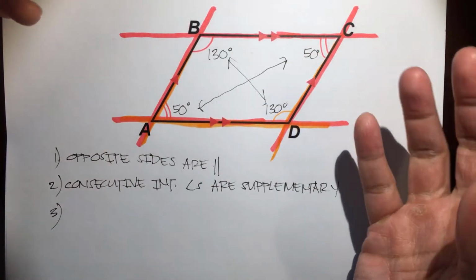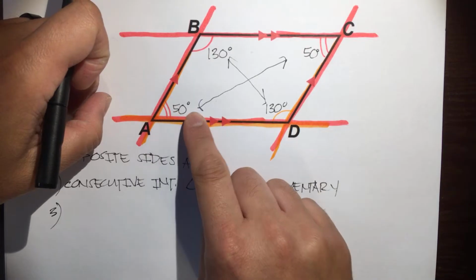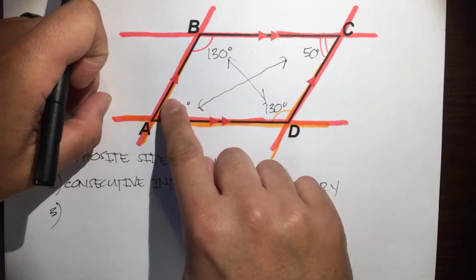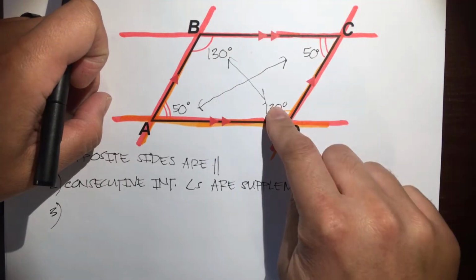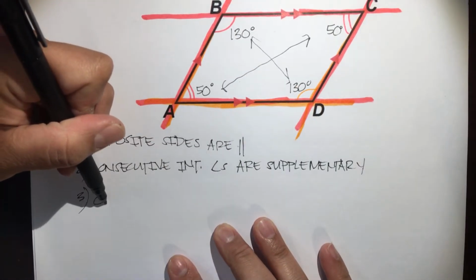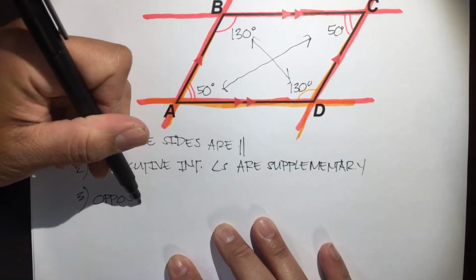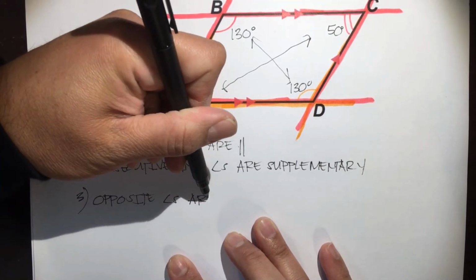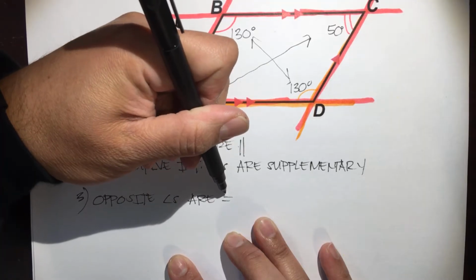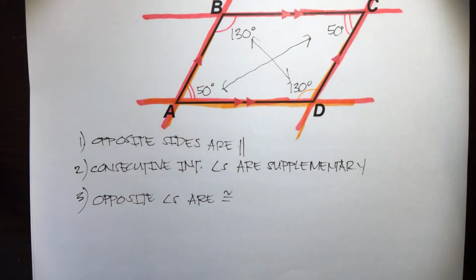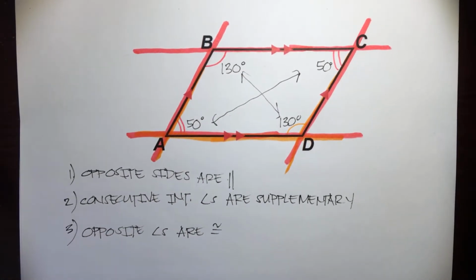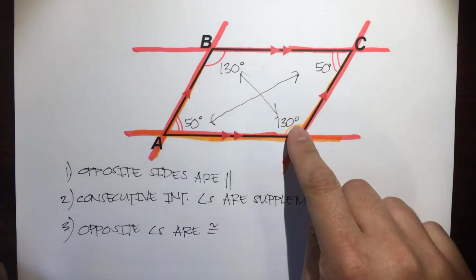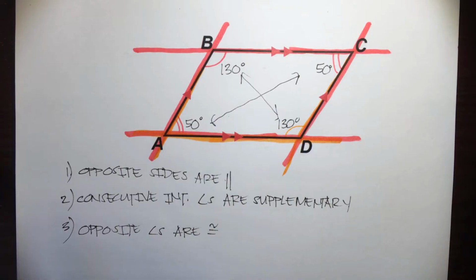Or just hypothetically, if this was 50 degrees, and if we did the whole supplementary thing, and if we skipped an angle from here to here, and here to here, the opposite angles are congruent. Yes, so if this was 50, this would have to be 50. If this is 130, this is 130. This would have to be 130.